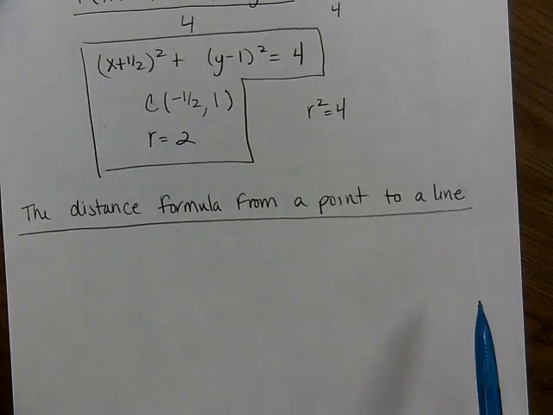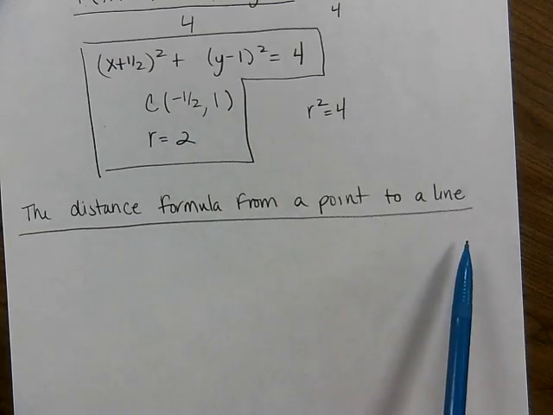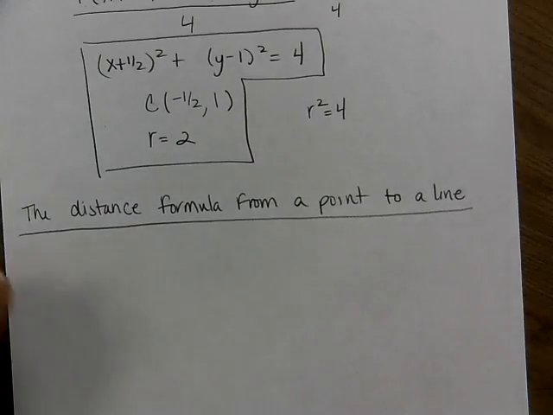Well, there's another distance formula, and this distance formula is used when you have a point and the equation of a line. That's going to come in handy for us.